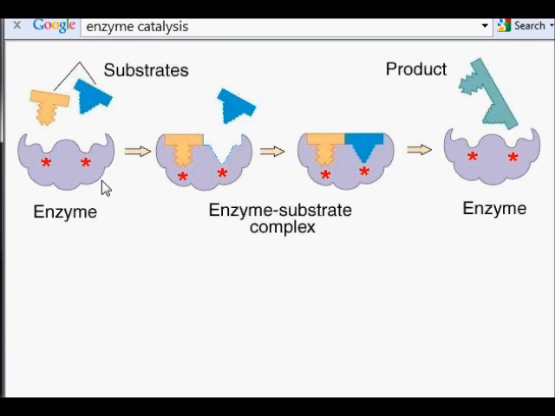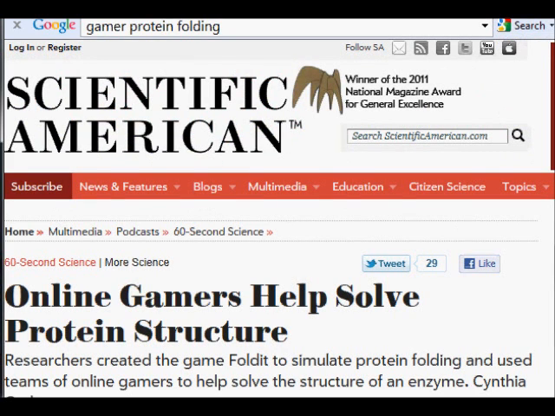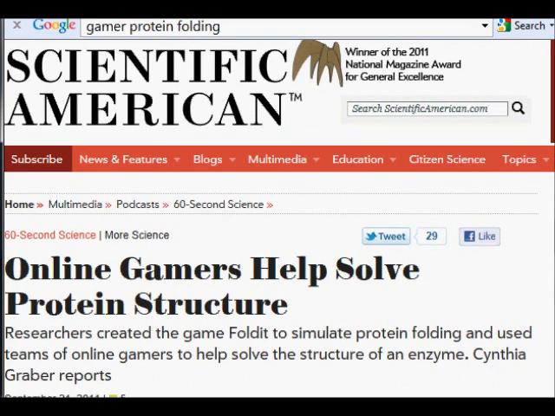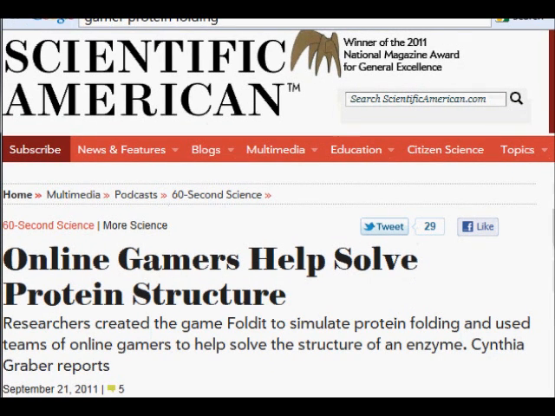I wanted to bring up, really quickly, something really cool. A couple weeks ago, I saw an article online in Scientific American about how scientists and engineers have worked together with online gamers to help solve protein structures.